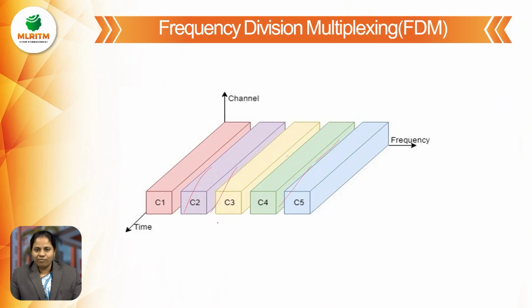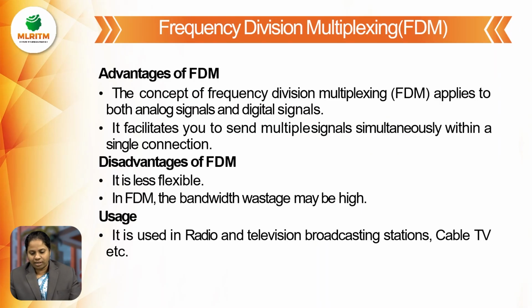Here the constraint for division is frequency. For one frequency, one channel is designed. For example, in radio, we can see 91.1, 93.3 FM and so on. For a particular frequency band, a particular channel will run based on the allocation for that channel.